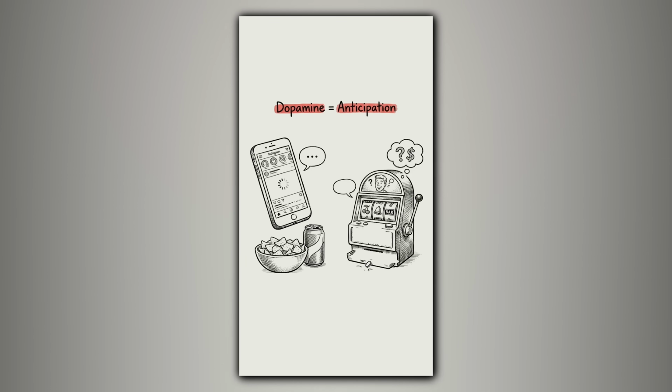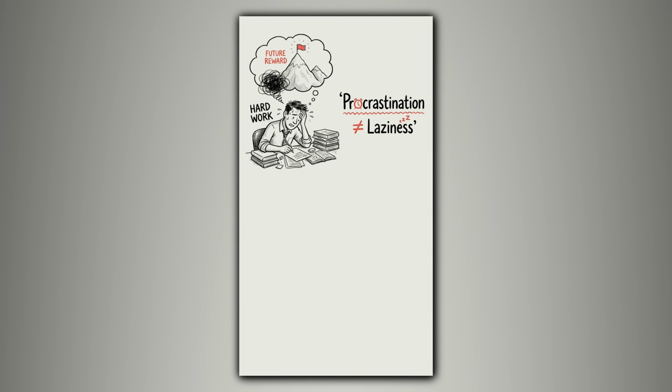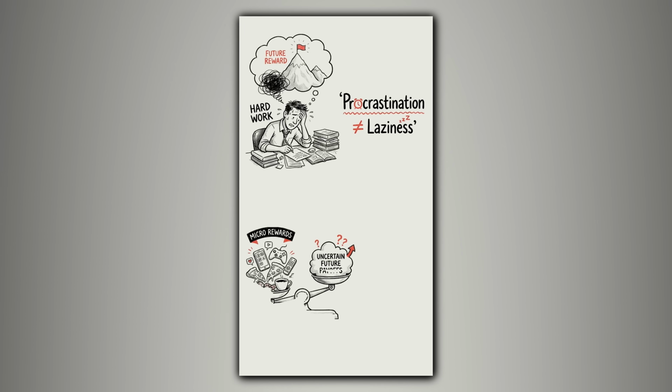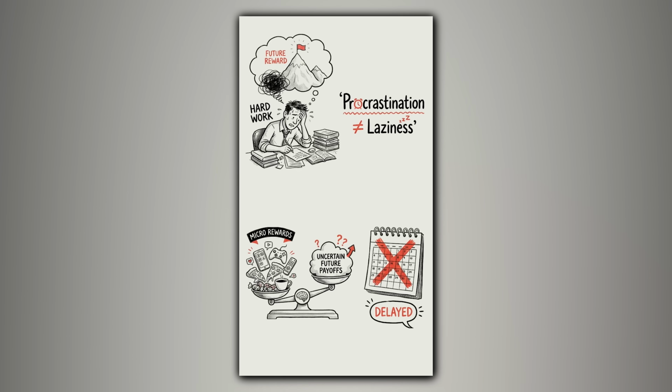Your brain treats them like a slot machine. Meanwhile, hard work offers delayed, uncertain reward. To your limbic system, that's a bad bet. Procrastination isn't laziness, it's your brain choosing guaranteed micro-rewards over uncertain future payoffs. Evolution never planned for deadlines.